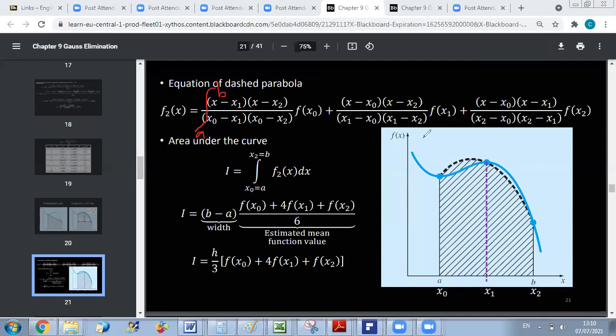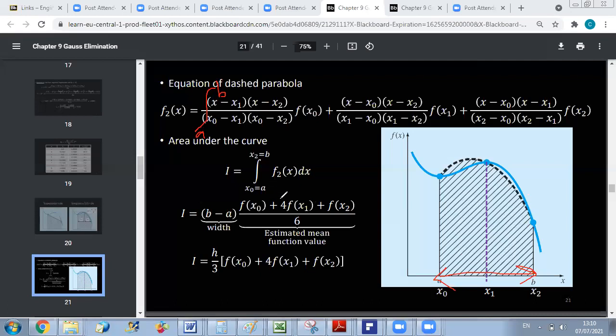It seems complex, but you will end up with an integral of a second degree equation, which is very simple to do. So you can find that the general rule will be the following. The integral will be equal to b minus a, which is the width of the interval I considered, times (f(x0) plus 4f(x1) plus f(x2)) over 6.